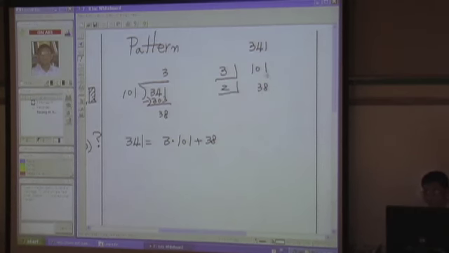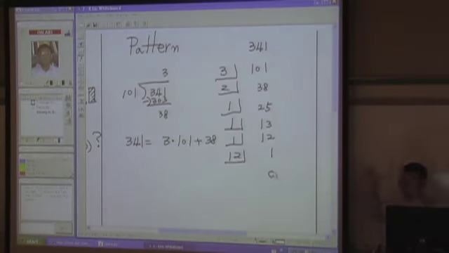And the remainder is 25. If you divide 38 by 25, then the quotient is 1, and the remainder is 13. If you divide 25 by 13, then the quotient is 1, and the remainder is 12. If you divide 13 by 12, the quotient is 1, and the remainder is 1. If you divide 12 by 1, then the remainder is 0. So you can stack it.